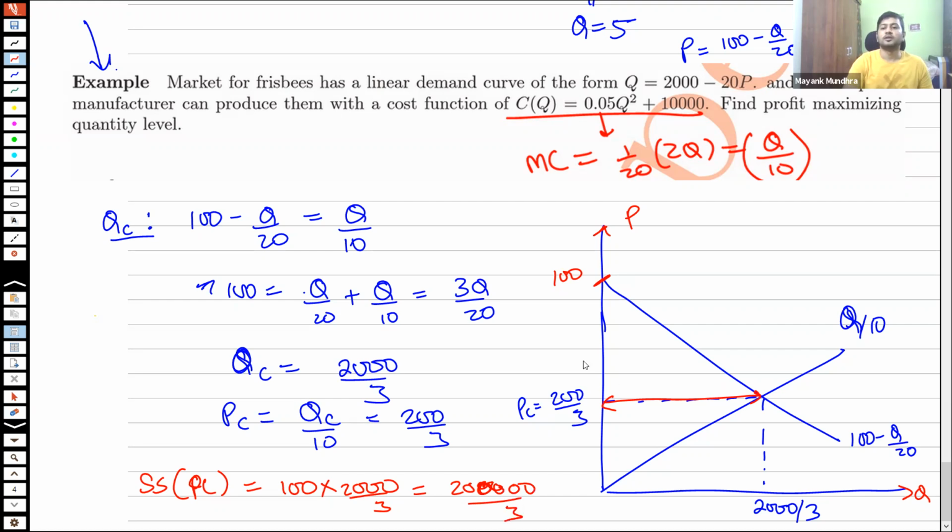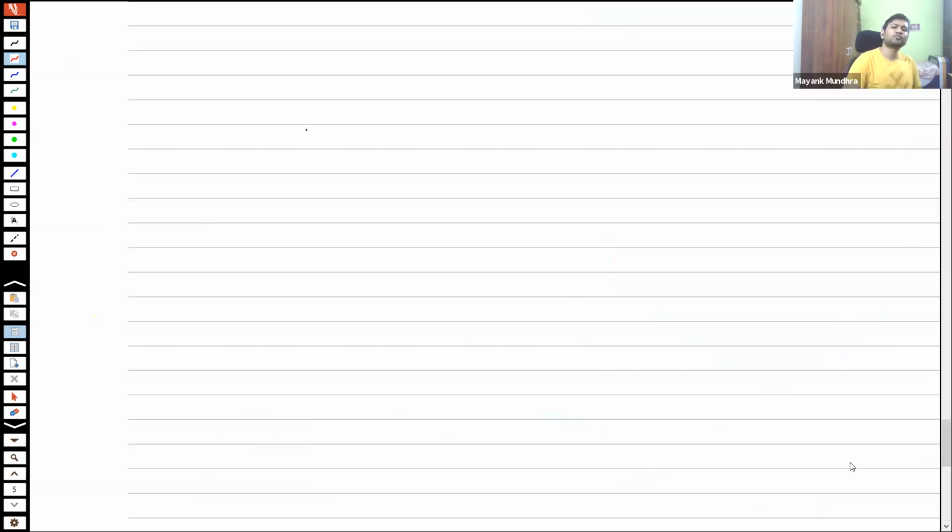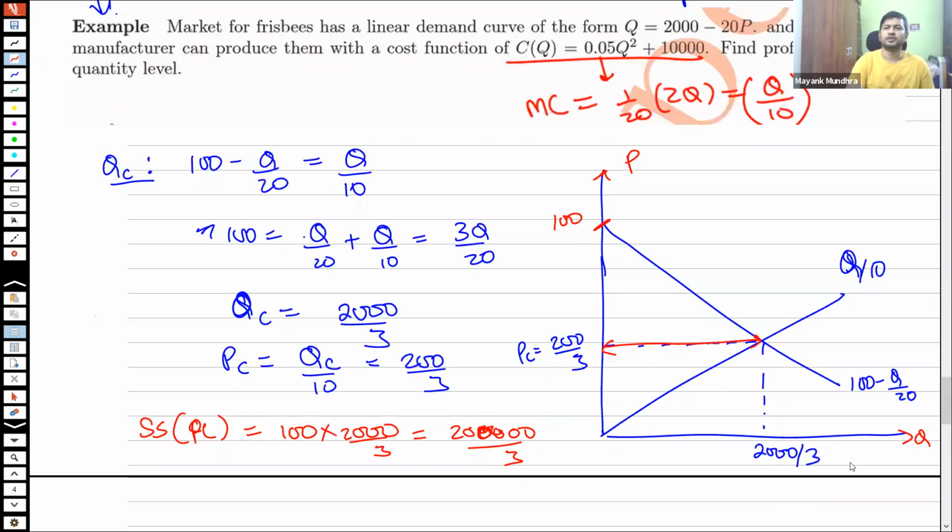Okay. Now what happens in the case of a monopolist? In the monopolist case, I know that quantity is 500. I found that out. Quantity monopolist is 500, and price monopolist was equal to... yeah, if you put 500 as quantity here, then what should be the price?